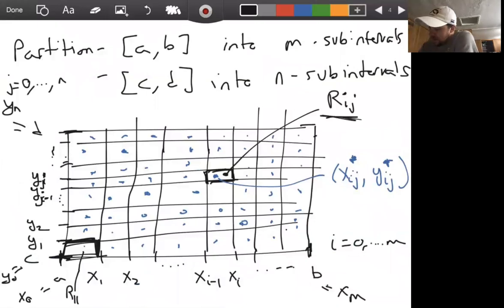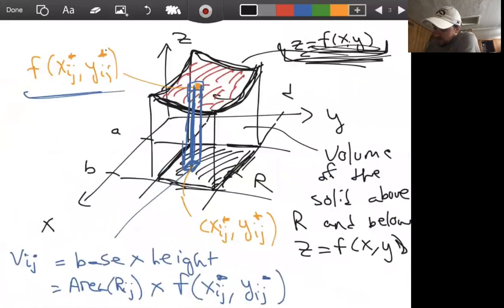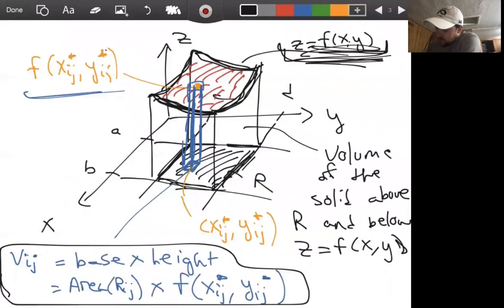And so what are we going to get here? What I'm calling Vij here, let me use more formal notation for calculating the volume.